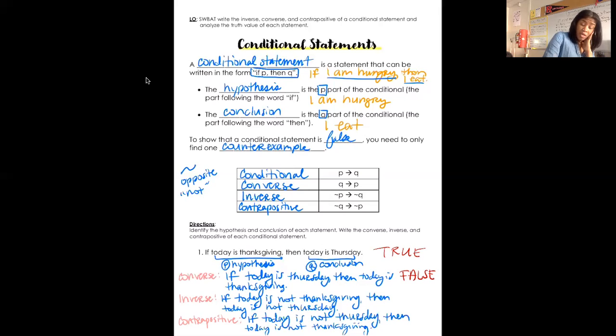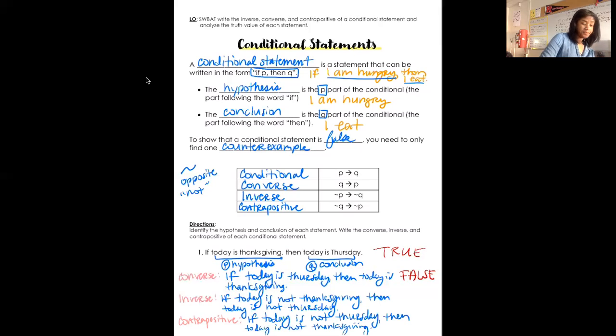The inverse, if today is not Thanksgiving, then today is not Thursday. Can we think of a situation where that one is false? If today is not Thanksgiving, then today is not Thursday. So let's use today. Today is Tuesday. Today is not Thanksgiving. That's true.